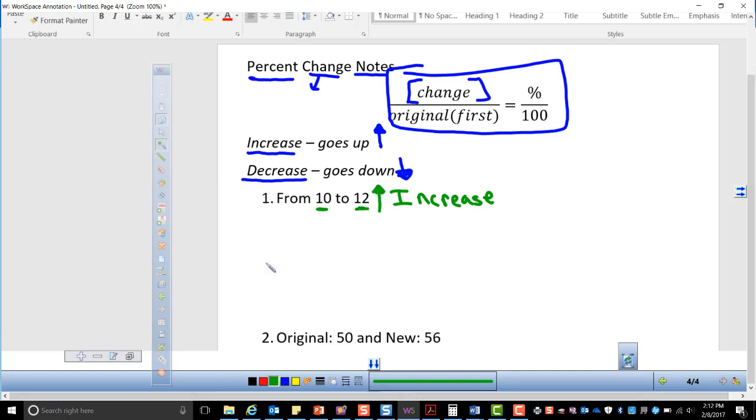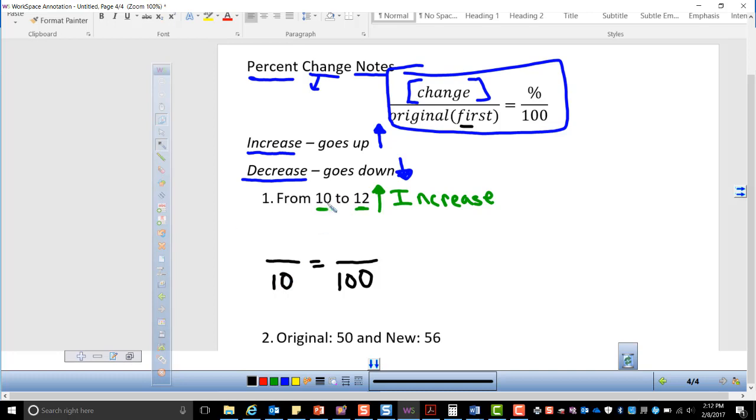Now we're going to find the percent that it changed. So we make our proportion, and 100 is always on the bottom. That part's easy. On the bottom here is the original or the first number. Well, the first number is 10. So that's the original. And now the change.